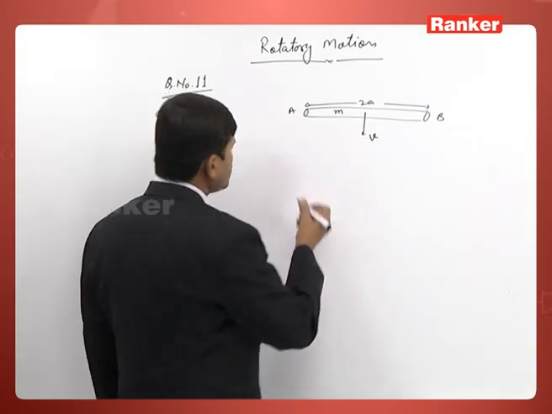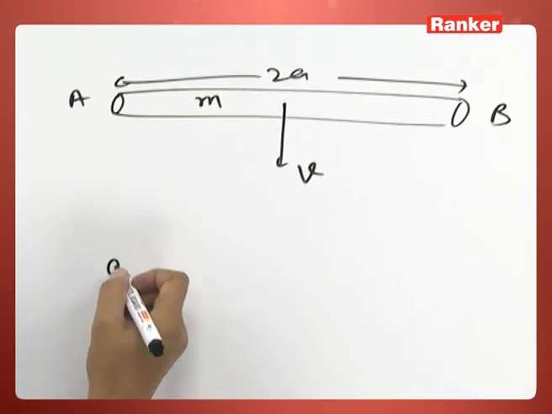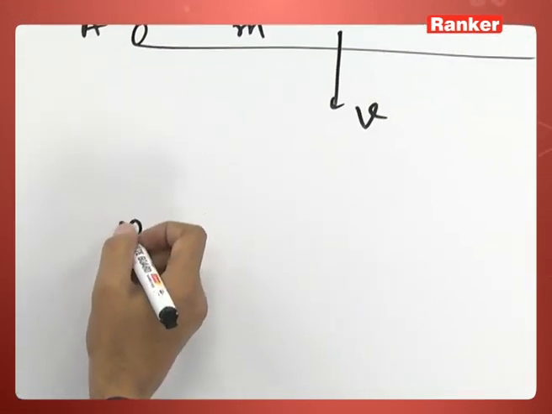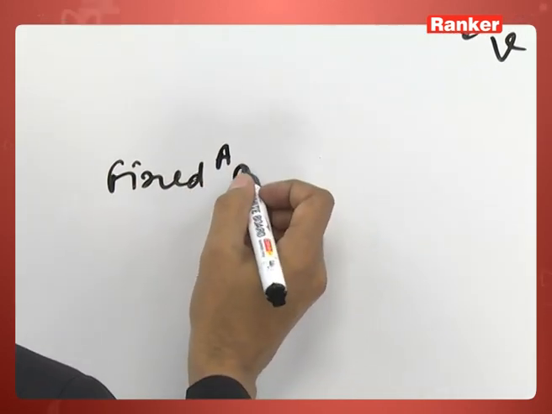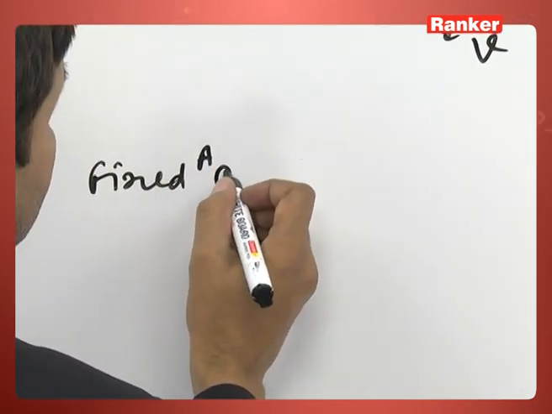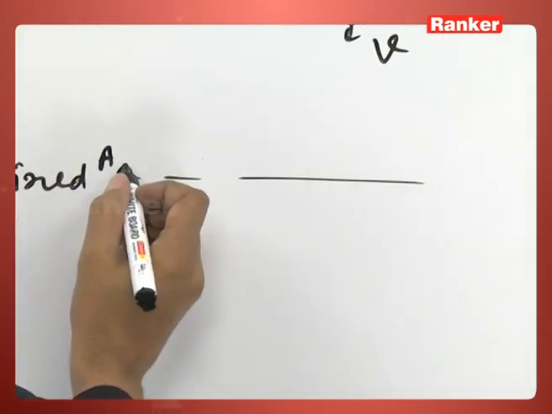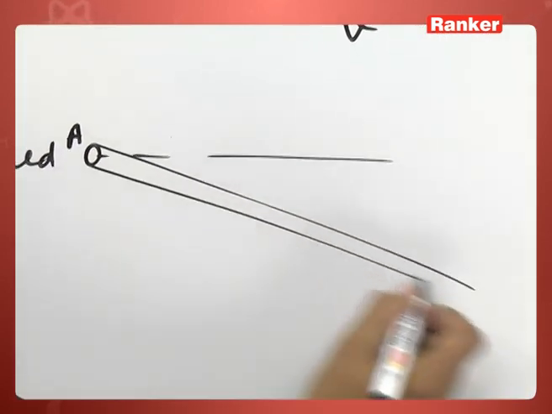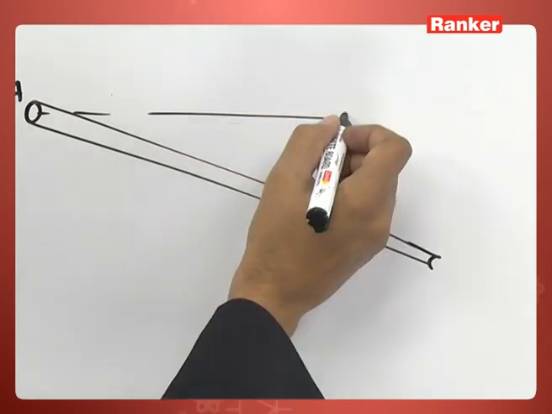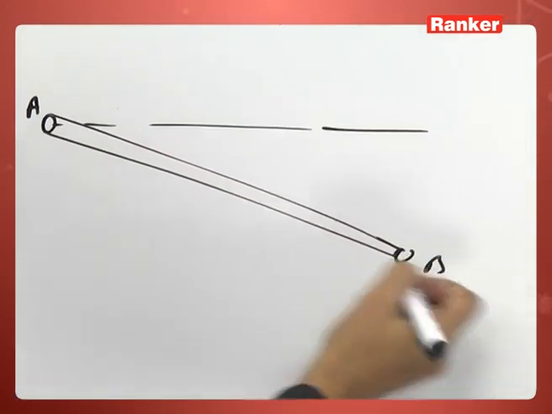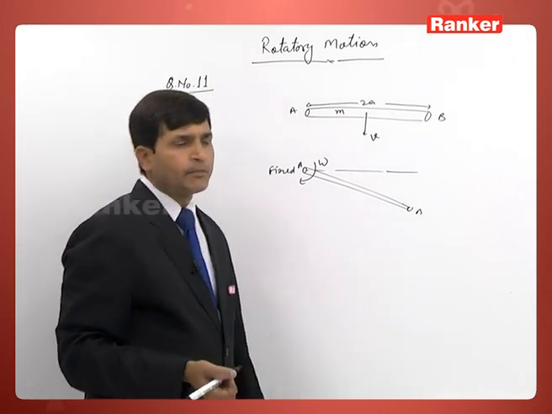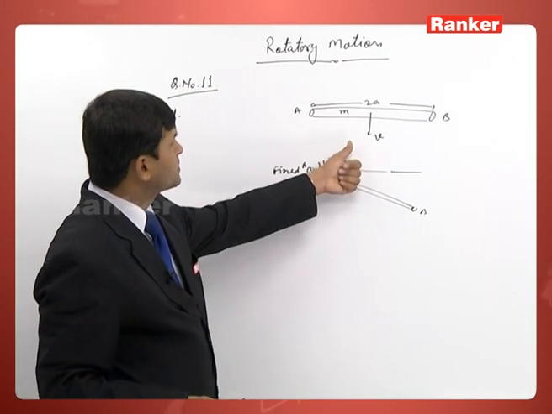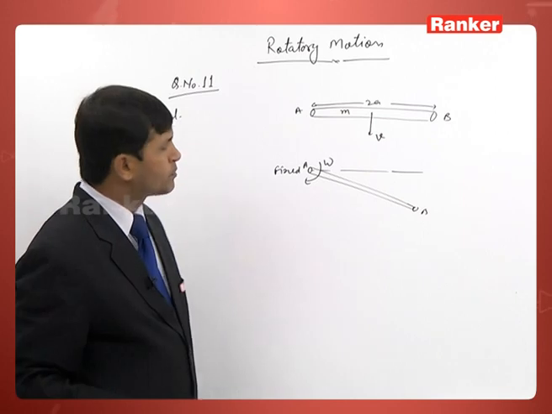Suddenly when the end A is fixed, now this is fixed. So it should be horizontal, but it is let like this. So, this is the angular velocity of the rod. So, we can apply conservation of angular momentum about point A.